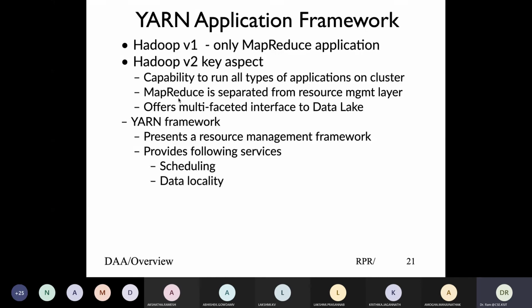Then you schedule the application on a nearby node with high bandwidth so that the data could be moved. It also ensures fault monitoring. If any application or node fails, it schedules the application on some other node, and so on.